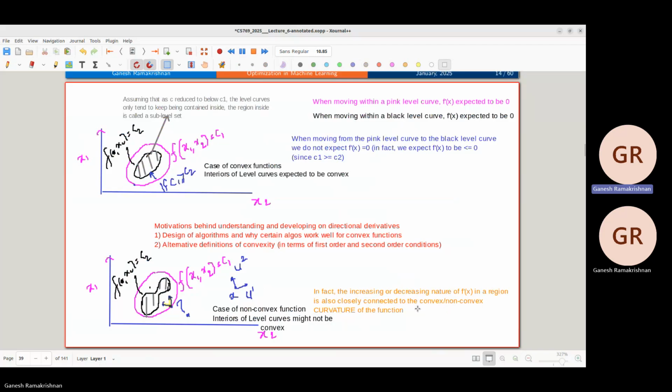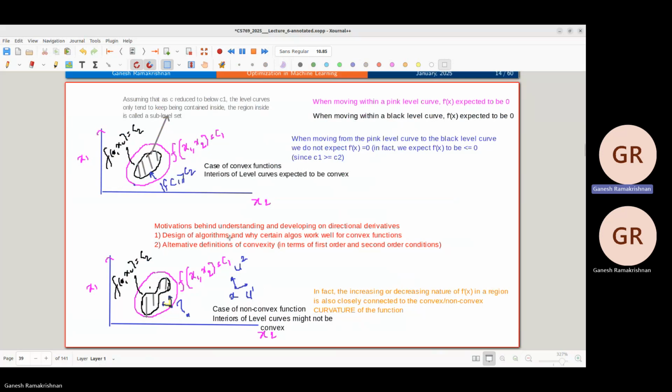The increasing or decreasing nature of f'(x) in a region, how would you connect it to the curvature of the function, the rate of change of the function? We said we'll also now start looking at rates of change, first order definitions. If you look at strong convexity, we had this parameter mu. I said that has something to do with the curvature of the function. How would that reflect in these level curves?